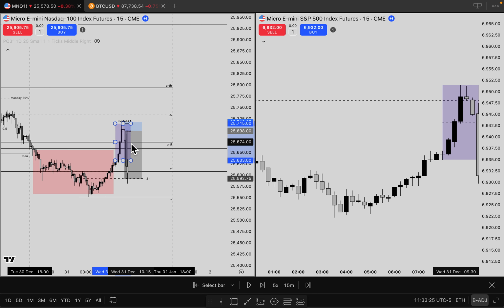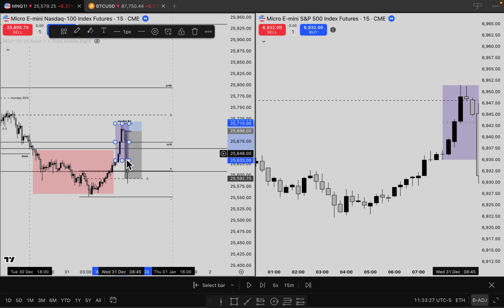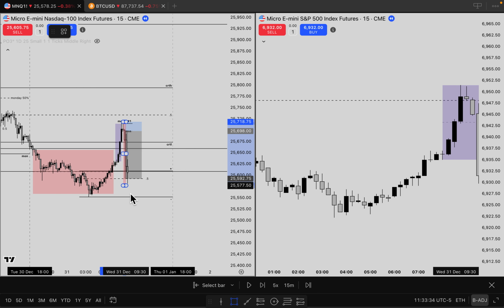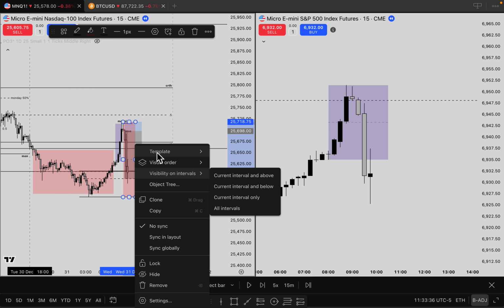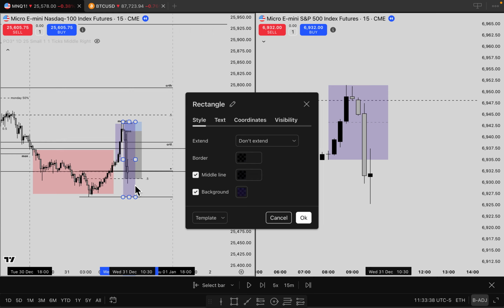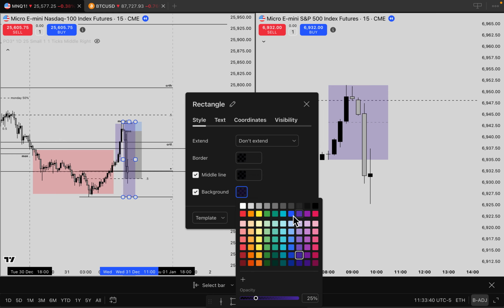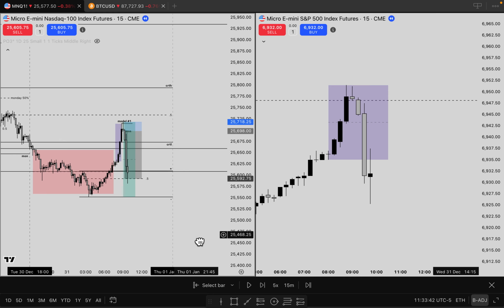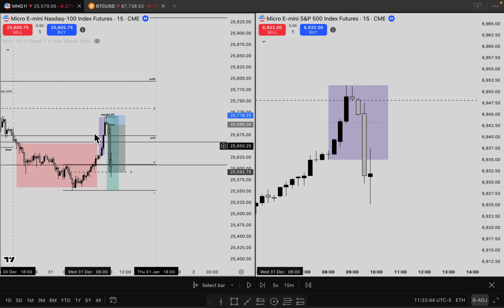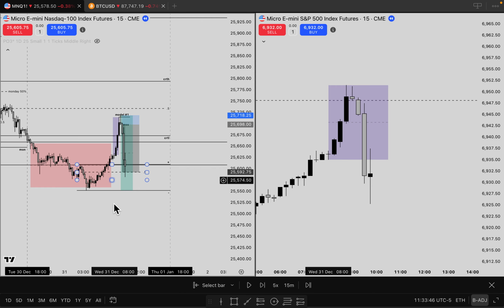Manipulation. Distribution. That's it. AMD, candle 1, 2, 3.